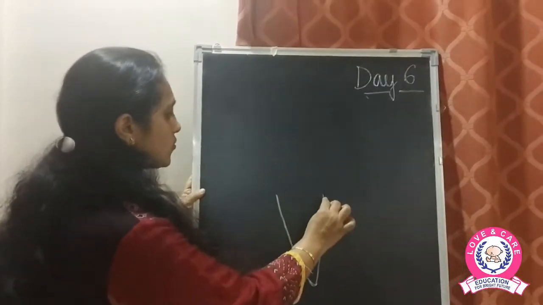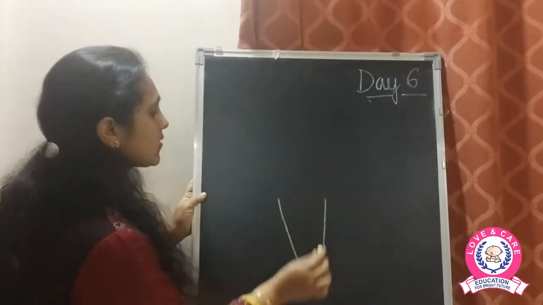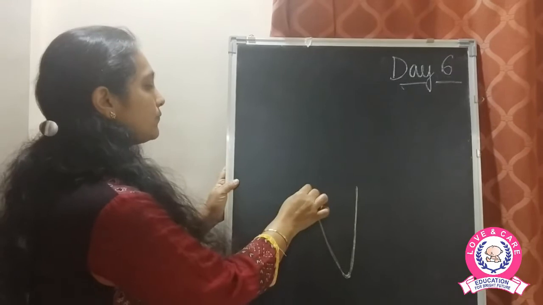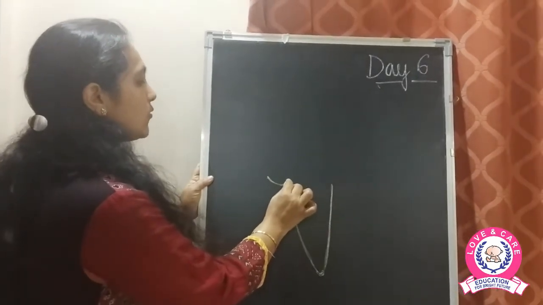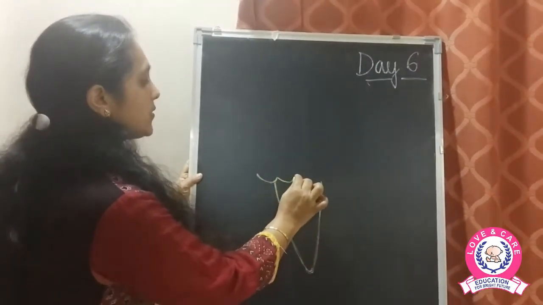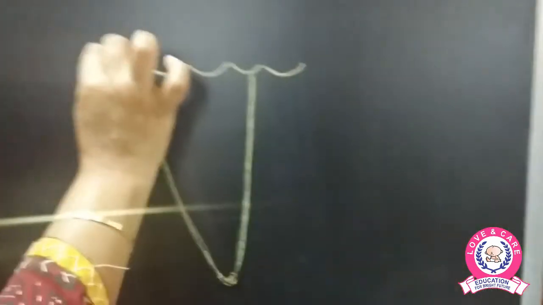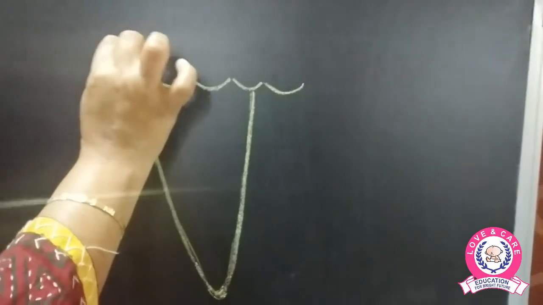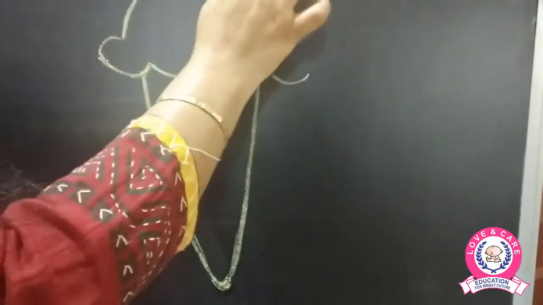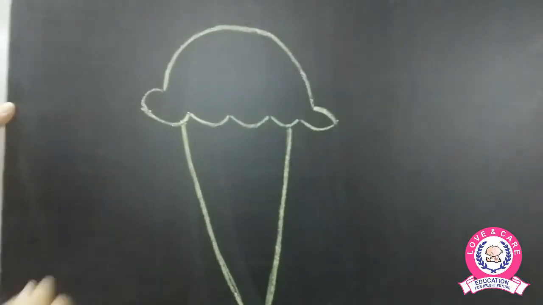So first you have to just make a V shape like this. Then from here you have to make the bumpy lines like this, and then from here you join it making a half circle. So this is a ice cream.